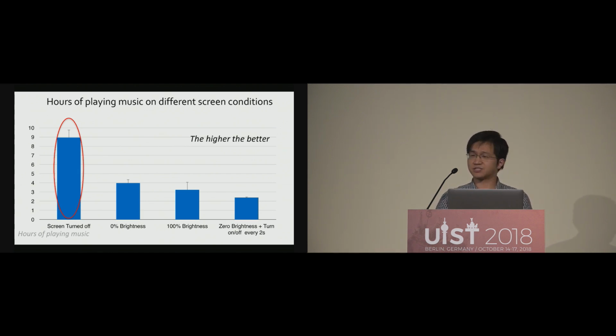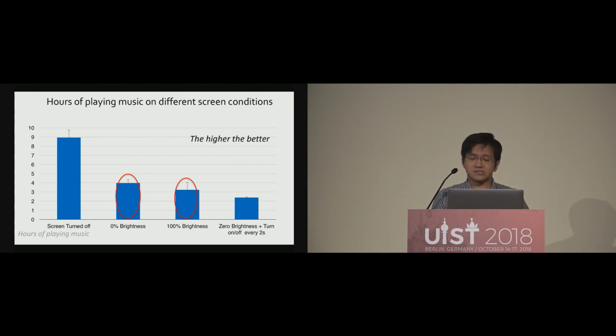That is because the screen is turned off, so the screen is not consuming power, and all the other apps are not running actively anymore. In the next two cases, by changing the brightness, either 0% brightness or 100% brightness, it only lasts for like 3 to 4 hours.